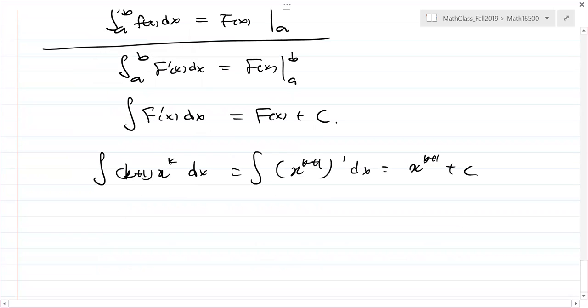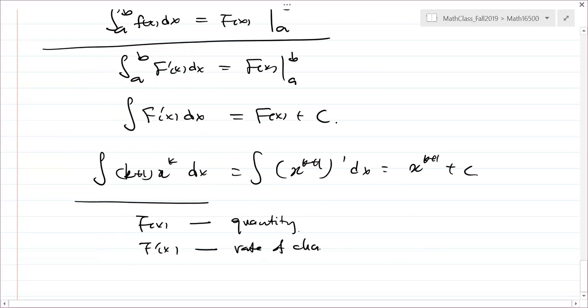Now, what's the meaning of this integral? We know you have a quantity, f of x, some quantity that depends on x. So f prime of x is the rate of change, the derivative.